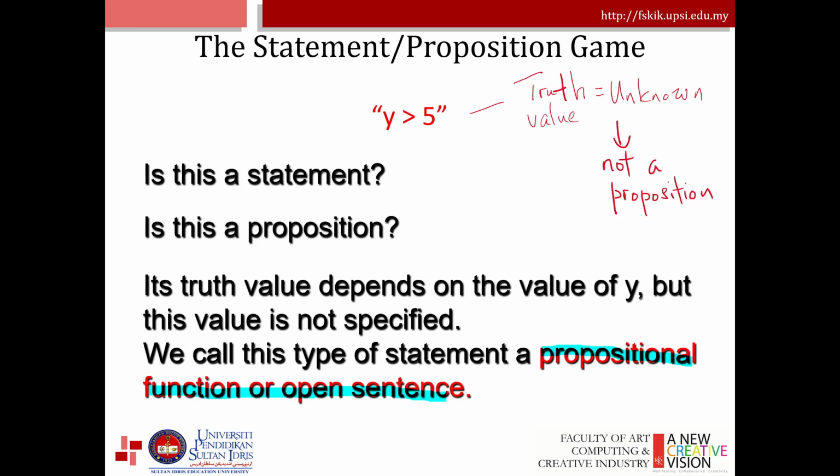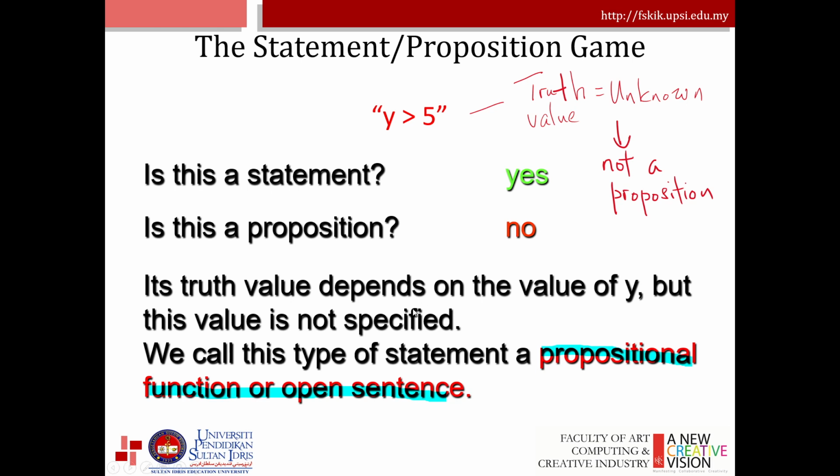The other one is y is greater than 5. The truth value is unknown. Not a proposition, because a proposition must have a definite truth value. Its truth value depends on the value of y, but this value is not specified.